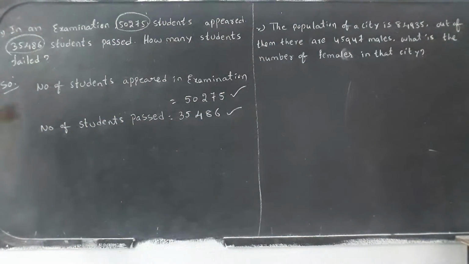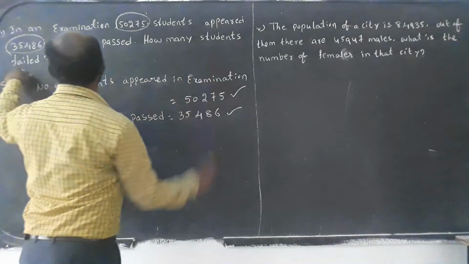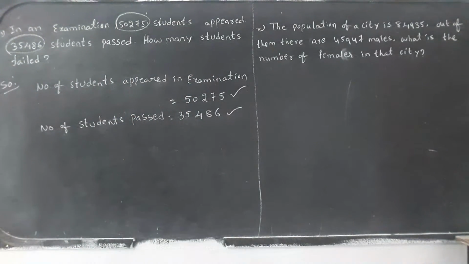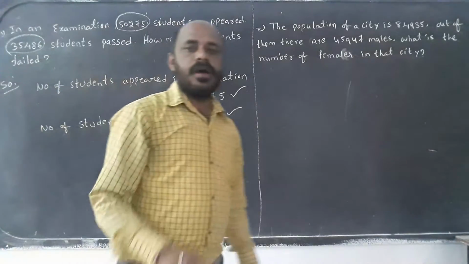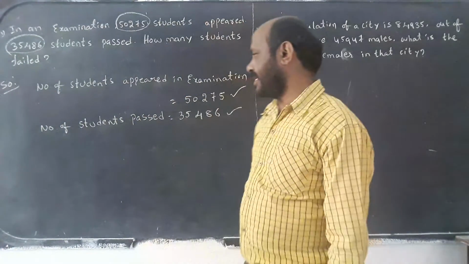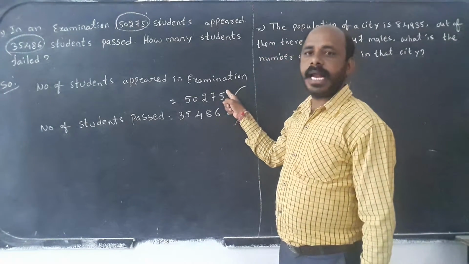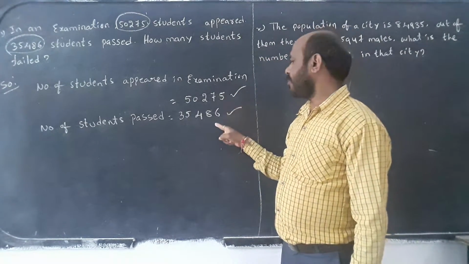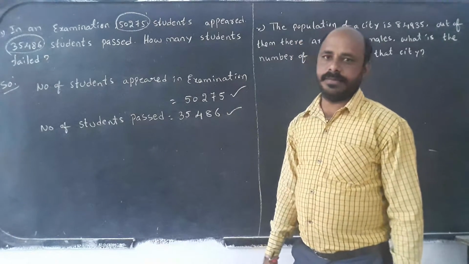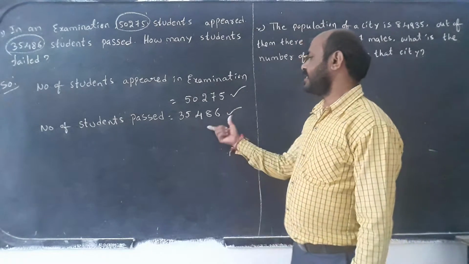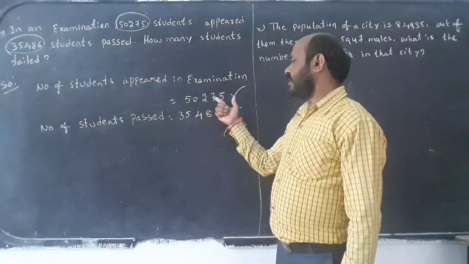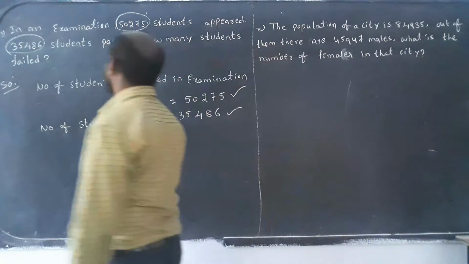Next, what he gave in the statement: how many students failed in examination? Means what? How many attended, from that we have to subtract passed students.